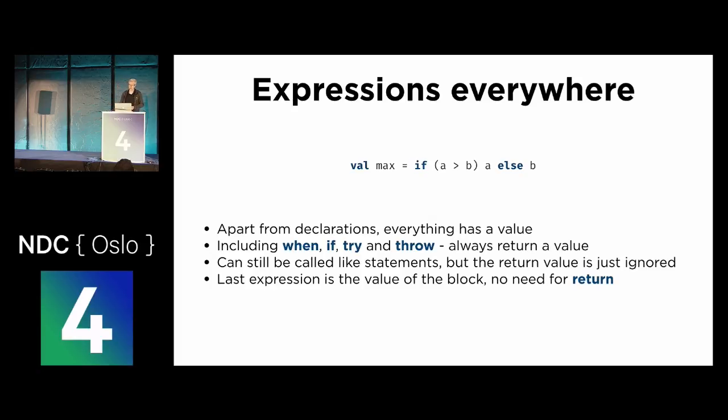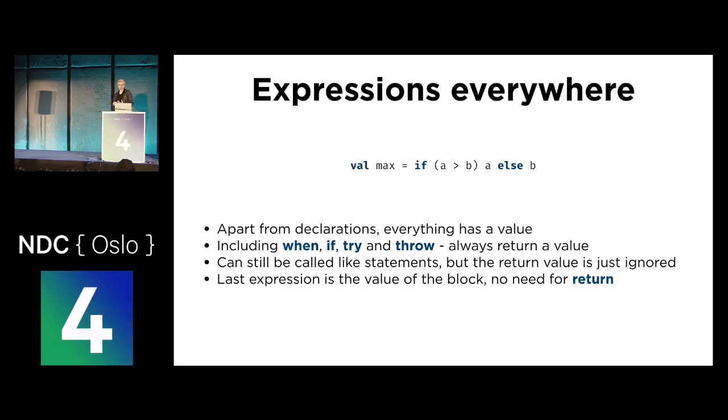Awesome. So we'll pick up a couple of other interesting points about Kotlin as we look at a few things. One of the key things is that it's expressions everywhere. Everything has a value. So apart from declarations, like value declarations, everything itself has a value. Everything has a type. And this includes control flow keywords.